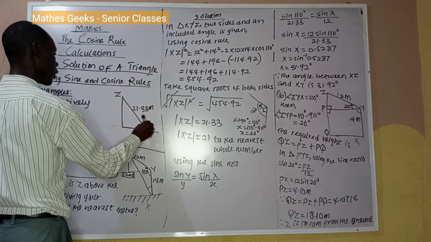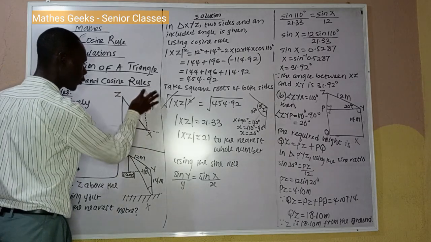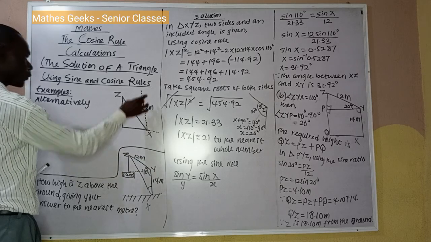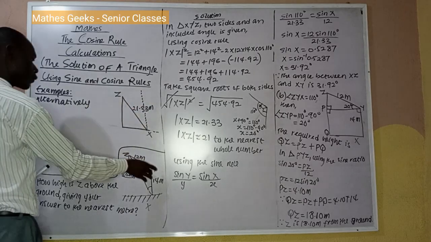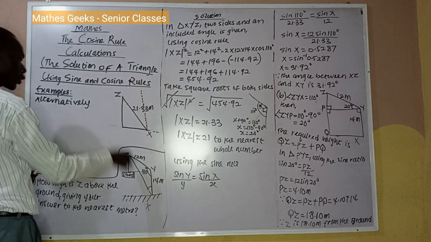But you can have here, this is XY, and from here, curve this, so from here we can have YZ. But this is XY here.